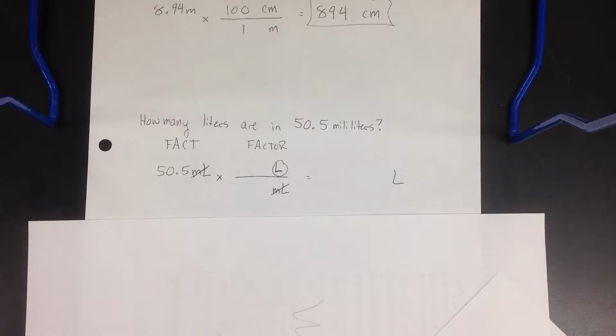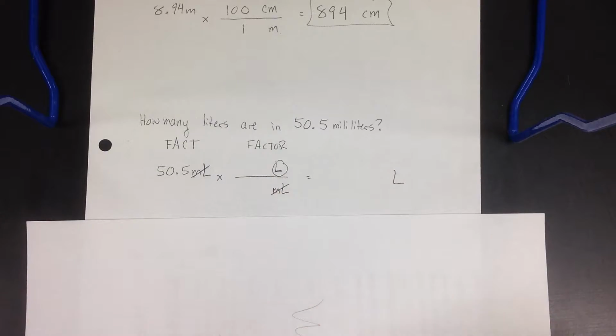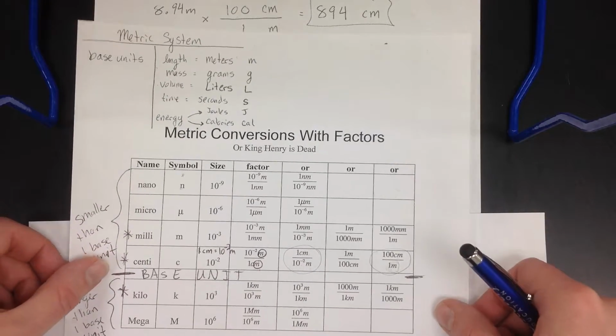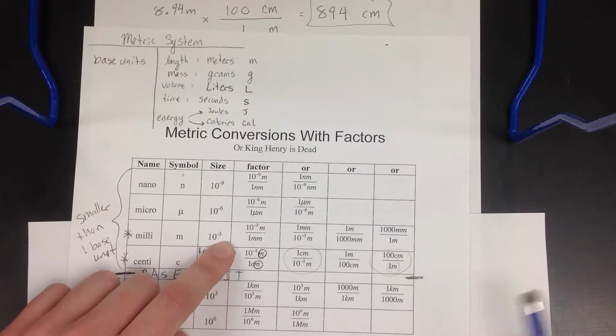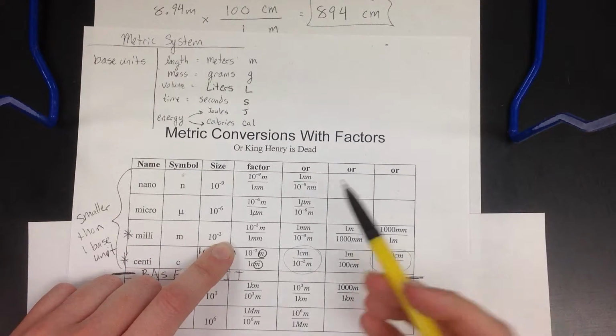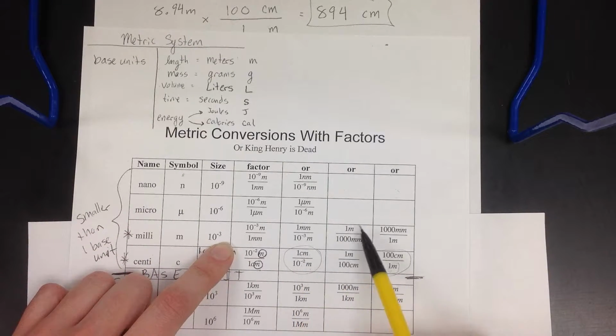Now that my units work out, let's worry about plugging in the numbers. So I need to find a factor that has my milli on the bottom and my base unit on the top. So if I refer back to this, here's my milli. I need my milli on the bottom and my base unit on top. Well, these are all in reference to meters, but again, the rules are the same whether we're looking at meters, liters, grams, calories.